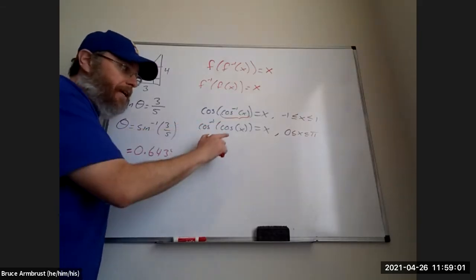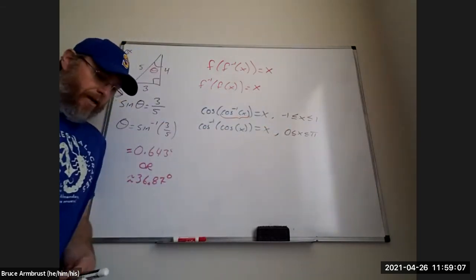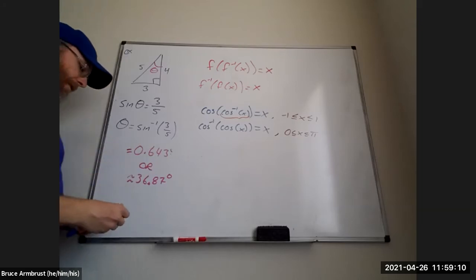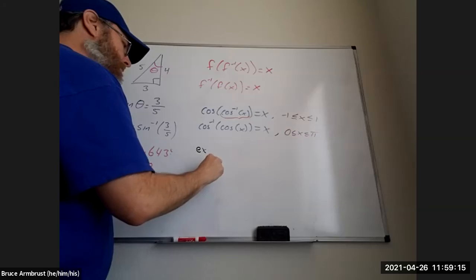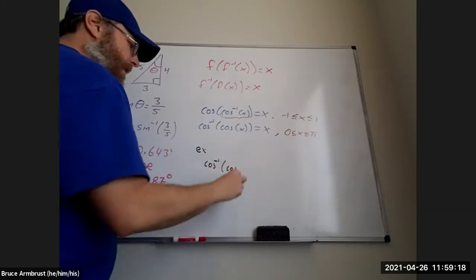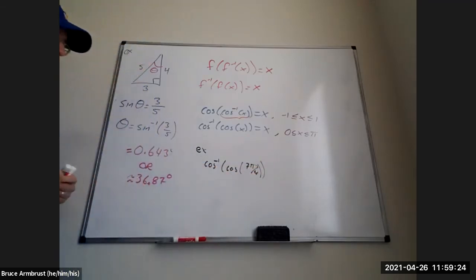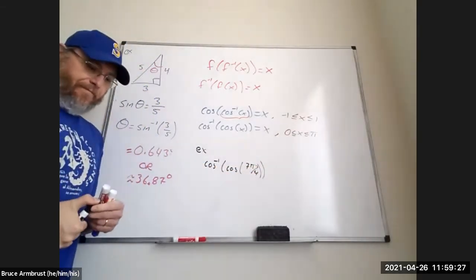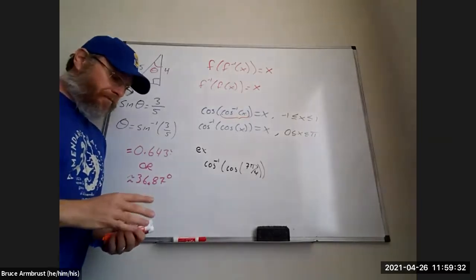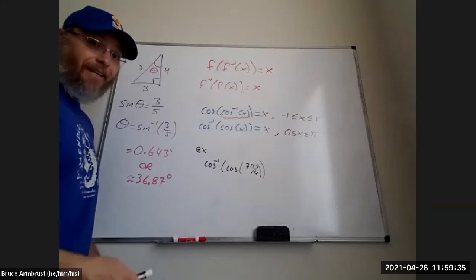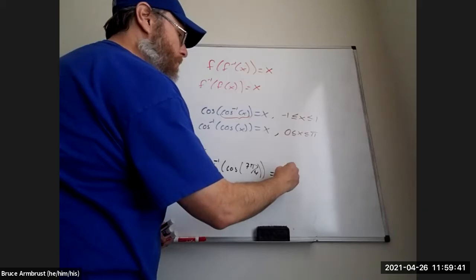But let's look at this for a second, and let's look specifically at an angle that's not between 0 and pi. Okay? So let's look at the cosine inverse of the cosine of 7 pi over 4. So again, you might be really tempted to go, okay, cosine inverse and cosine cancel each other out because they're inverse functions, and so our answer is 7 pi over 4.